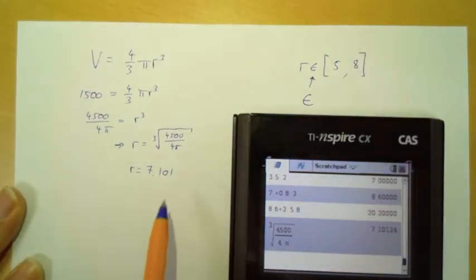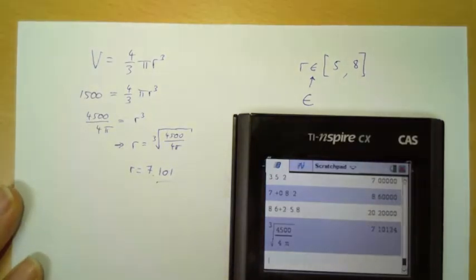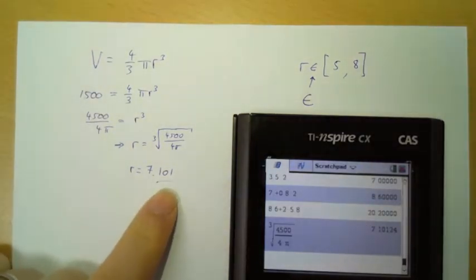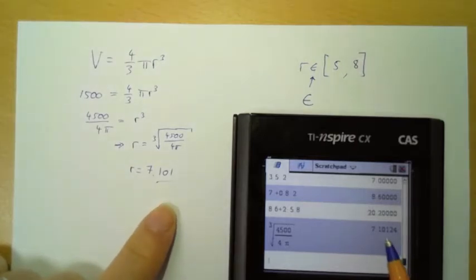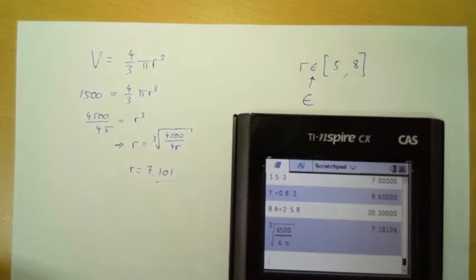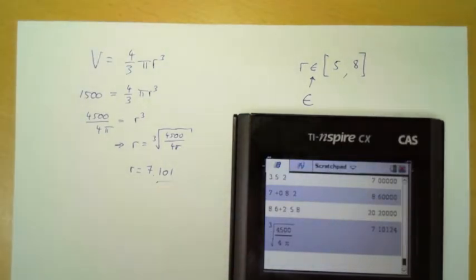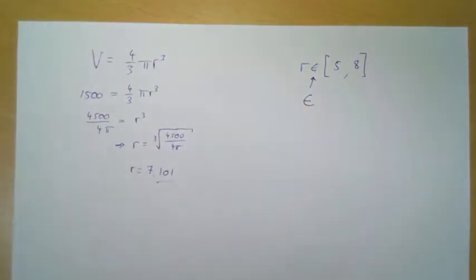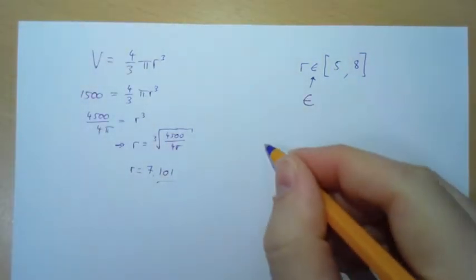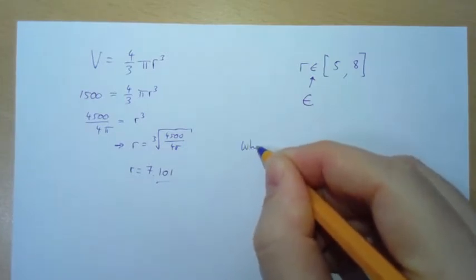So in AP Calculus you always want 3 decimals. You can round them or truncate them. If you don't have all the decimals you need here, then you need to fix your settings. So we basically answered the question. Yes, there is a radius between 5 and 8 such that the volume is 1,500. That radius is 7.101.